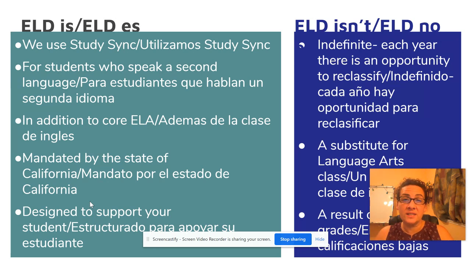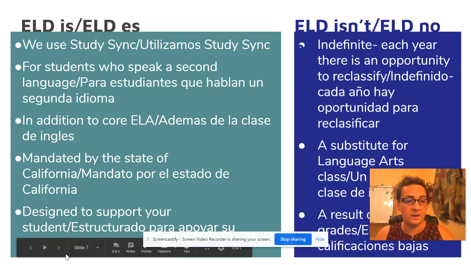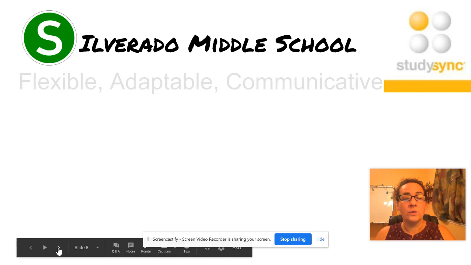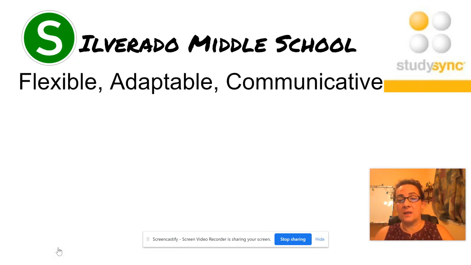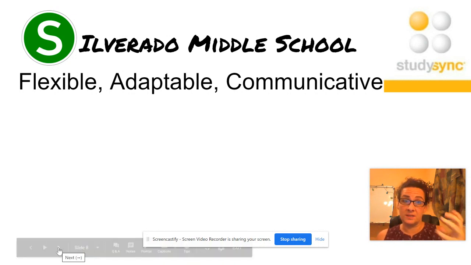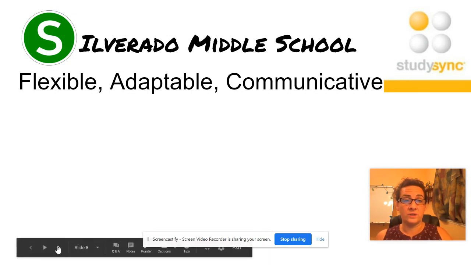We have listening practice embedded in class, and then they always have an opportunity to speak. We do use Study Sync for ELD 4, but I also use other resources, but Study Sync is our main resource.